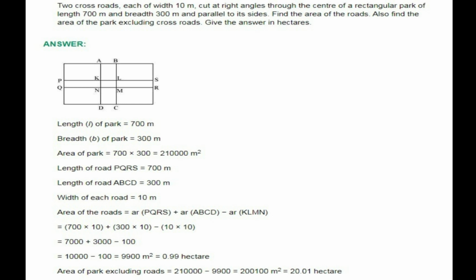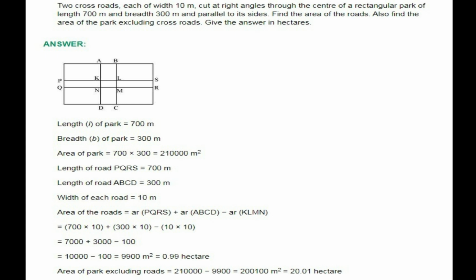0.99 hectares. Actually it is coming as 9900 meter square, and if we convert to hectares, we get 0.99 hectares. Now we have the total area of the park including the roads, that is 210,000 meter square, and we also know the area of the roads, that is 9900 meter square.